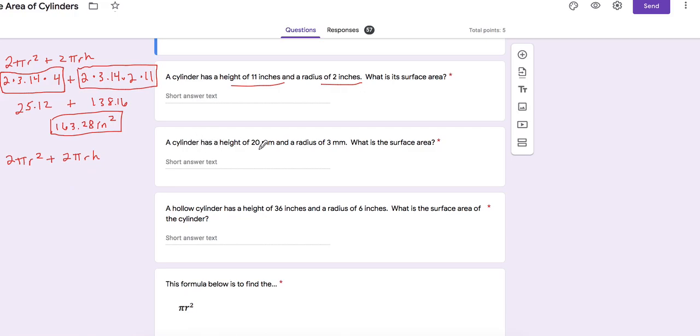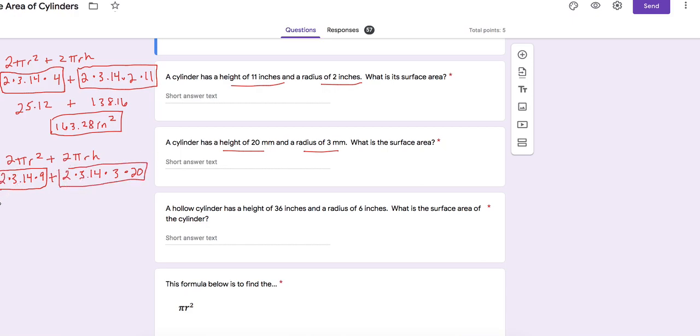So for number 2 here, a cylinder has a height of 20 and a radius of 3. So we have 2 times 3.14 times 9, because the radius is 3, radius squared is 9, plus 2 times 3.14 times the radius of 3 times the height of 20. Again, we have this multiplication here and this over here.